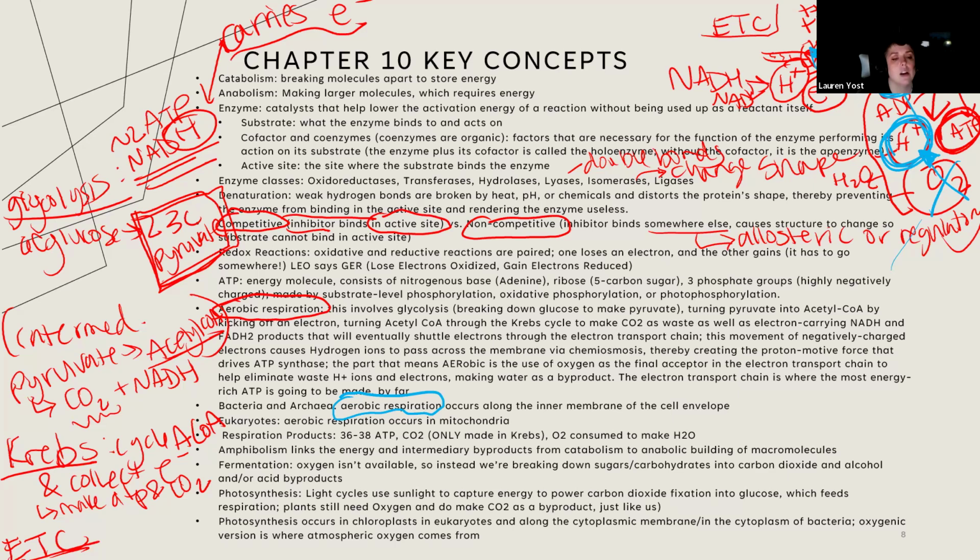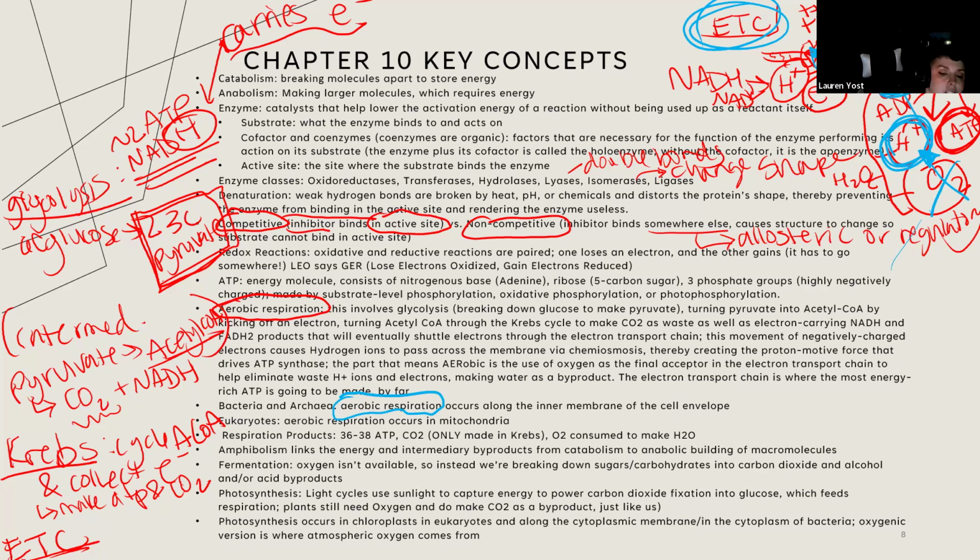So what they do is their aerobic respiration occurs on their inner or cytoplasmic membrane. So all of this mess that happens up here for the electron transport chain, that happens on their actual cytoplasmic membrane. So it still happens on a membrane. They're just going to be pumping those protons outside of that membrane into the space between their cell wall and their inner membrane. Okay.